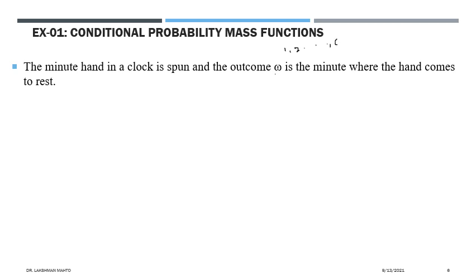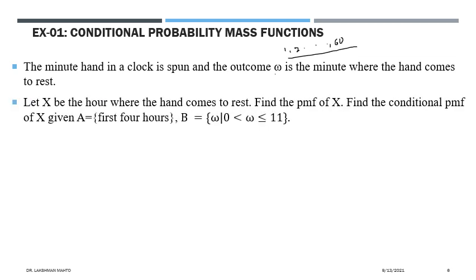So the minute hand will stop at 1 with 1 by 60 probability, it will stop at 2 with 1 by 60 probability, and likewise it will stop at 60 with 1 by 60 probability. In one round of the clock, how many stops will the minute hand have? Definitely 60 stops. So this is the possible sample space, you can see that.